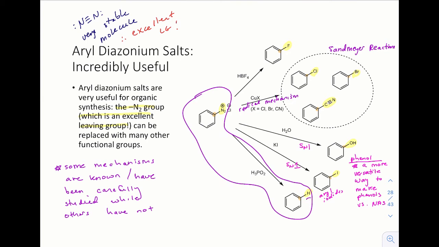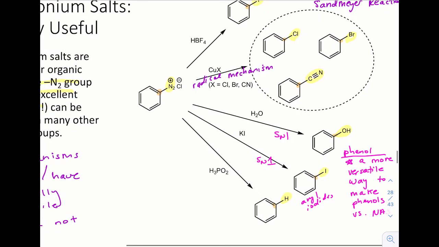Well, this is actually a pretty useful reaction because sometimes you need to use a directing group or a blocking group to put other substituents on the ring. Imagine there's a bunch of other substituents on this ring, but then you don't need this group anymore. You want to remove it.